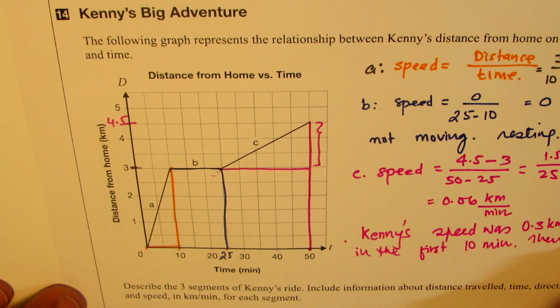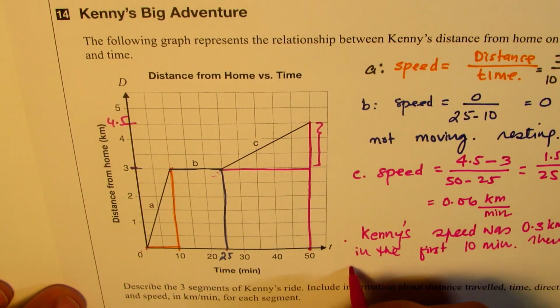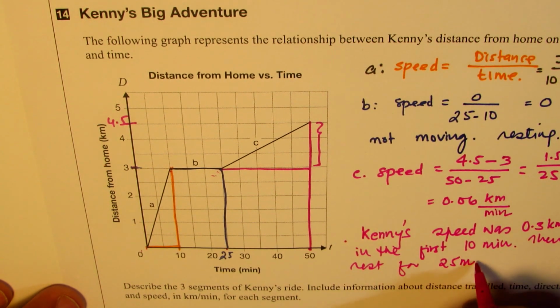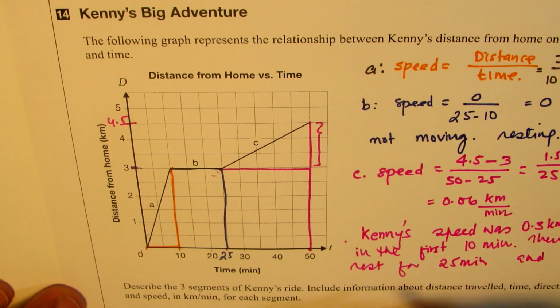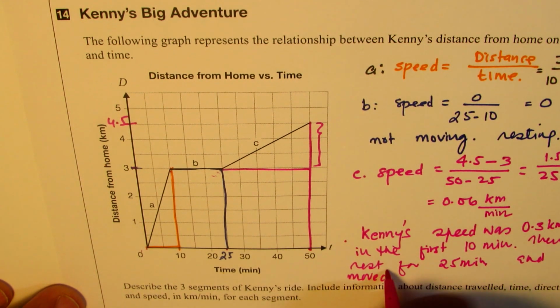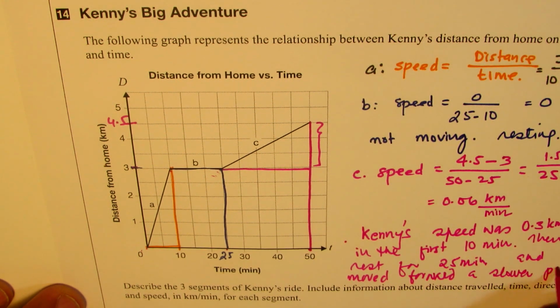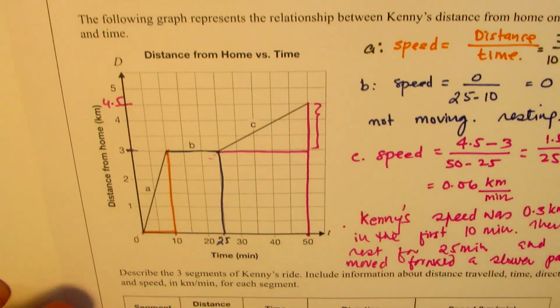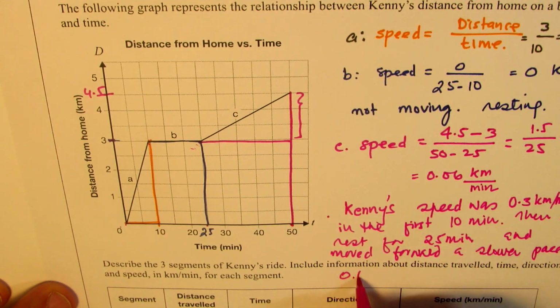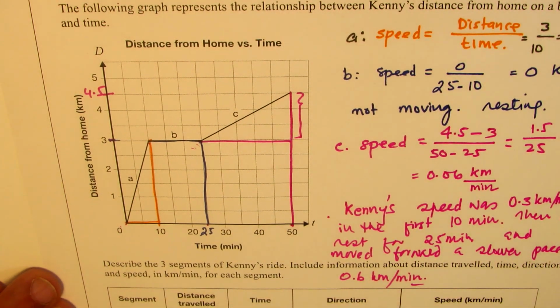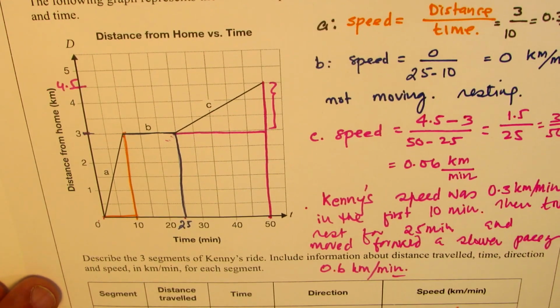Then took rest for 25 minutes and moved forward at slower pace of 0.6 kilometers per minute. So that is how you could actually describe the given situations, right?